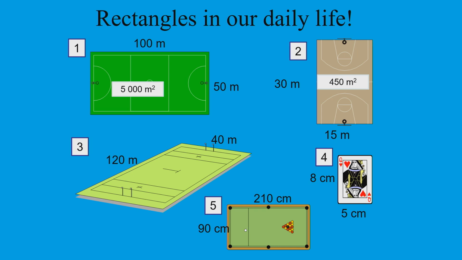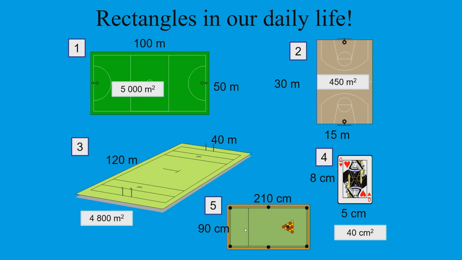A rugby field 120 meters long and 40 meters wide has an area of 4,800 meters squared. A playing card 8 centimeters long and 5 centimeters wide has an area of 40 centimeters squared.